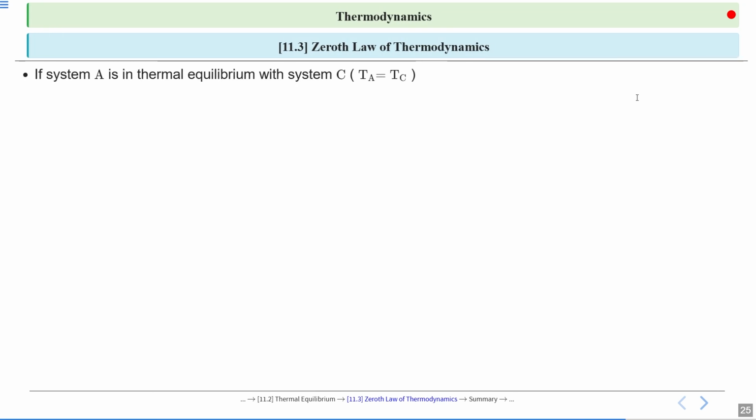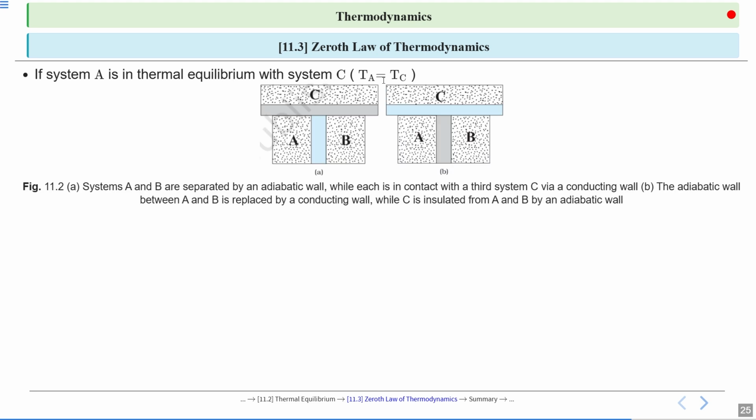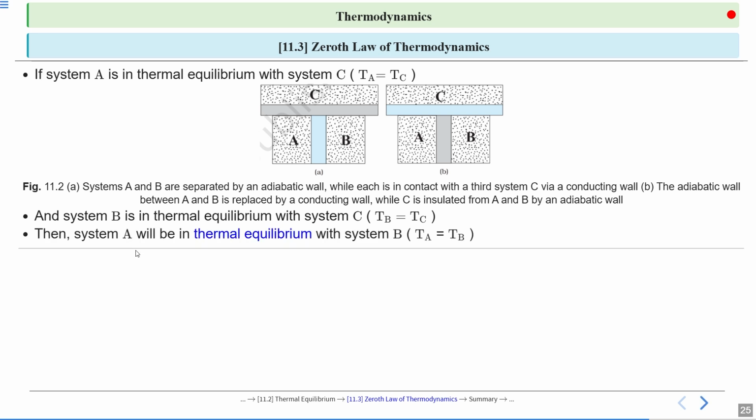So if system A is in thermal equilibrium with system C, and their temperatures are Ta and Tc respectively, and system B is in thermal equilibrium with system C, and their temperatures are Tb and Tc respectively, then we can say system A will be in thermal equilibrium with system B. So look at figure 11.2a.